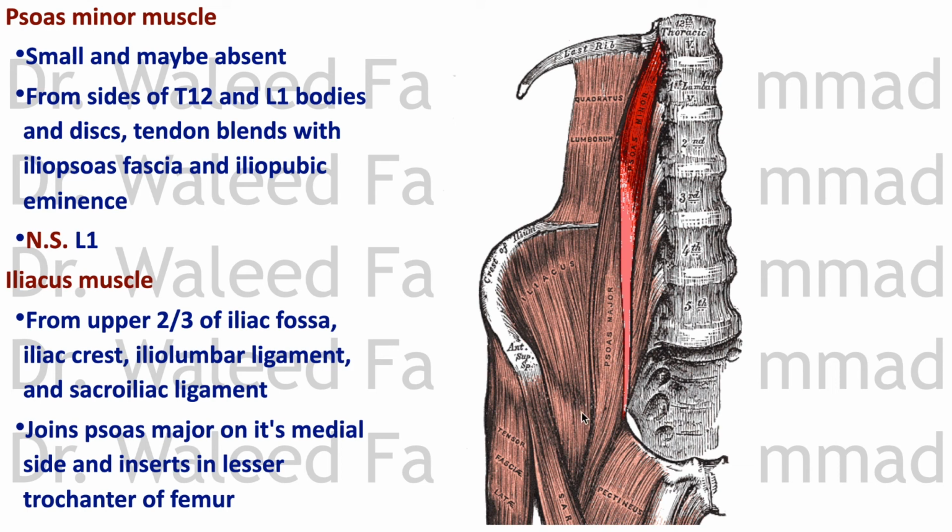Okay, and of course the bursa is called the iliopsoas bursa. It's behind both muscles and between them and the hip joint. Remember these as two important anterior relations of the hip joint when we study the hip joint in the lower limb.